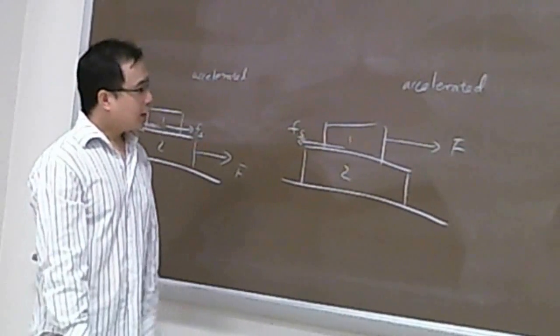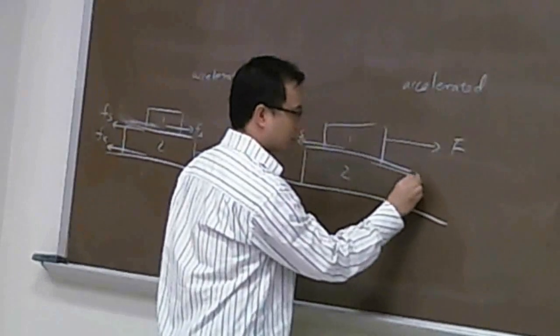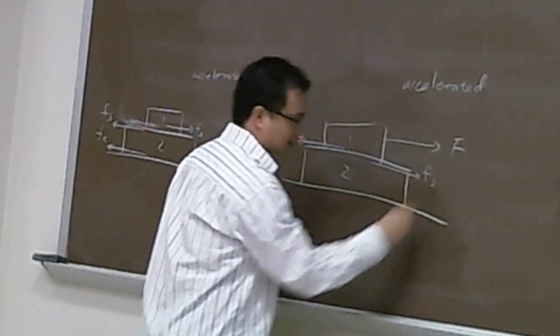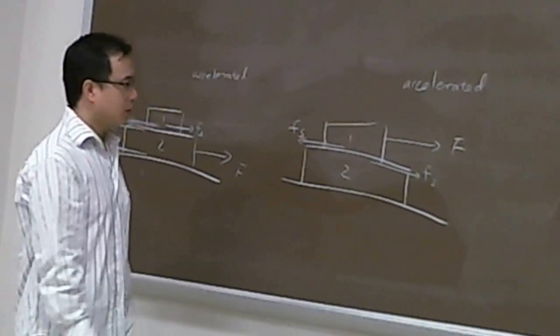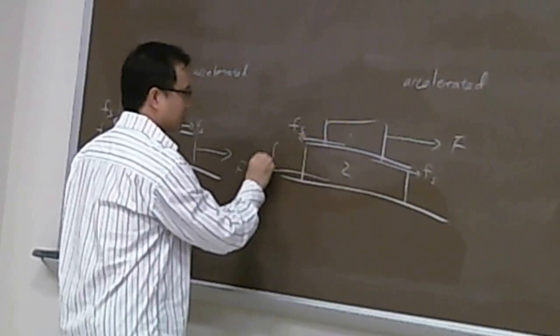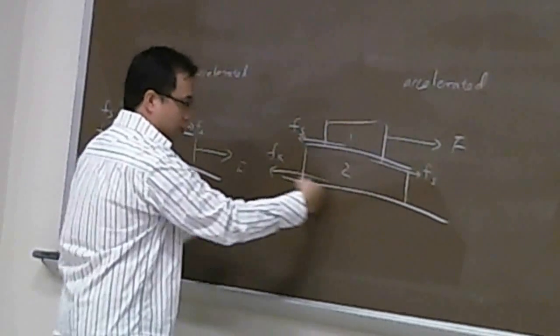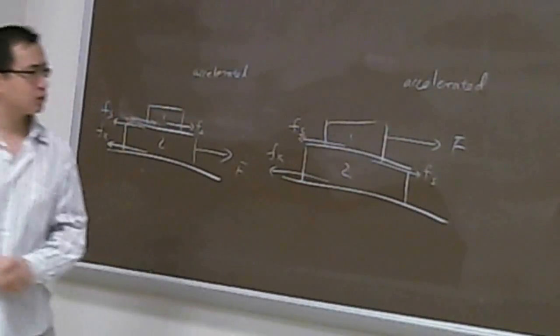And if there is some static frictional force, then here must be some kinetic frictional force because the whole system moves to that side. There is some relative motion, so kinetic frictional force.